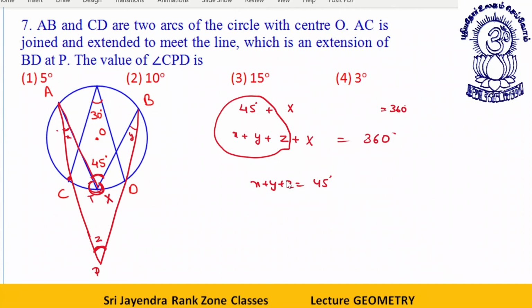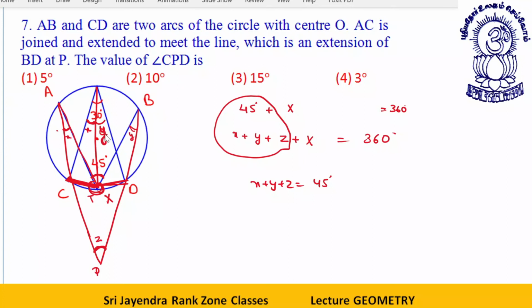Now dear students, what will happen? See, what is this x equal to? If I join a line over here, this chord, this is a bit tricky question. This chord makes angle x here. This angle will also be the same. So this is x. This chord subtends this angle y, so this chord also subtends this angle y.